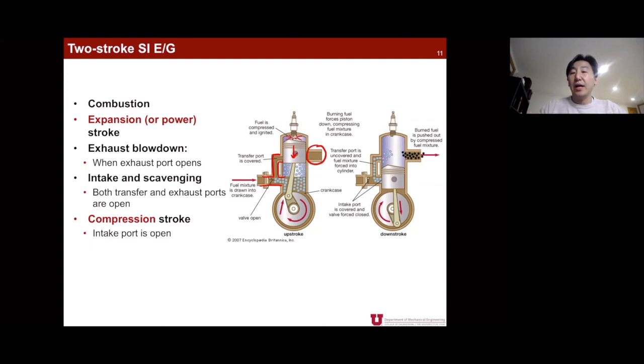At the same time, the fresh air and fuel mixture can also leak through the exhaust even though it is not combusted. So there are always certain big losses, and that's why the two-stroke spark ignition engine is not as efficient as the four-stroke spark ignition engine. That's why this type of engine is only used for small vehicles like bikes or motorcycles.